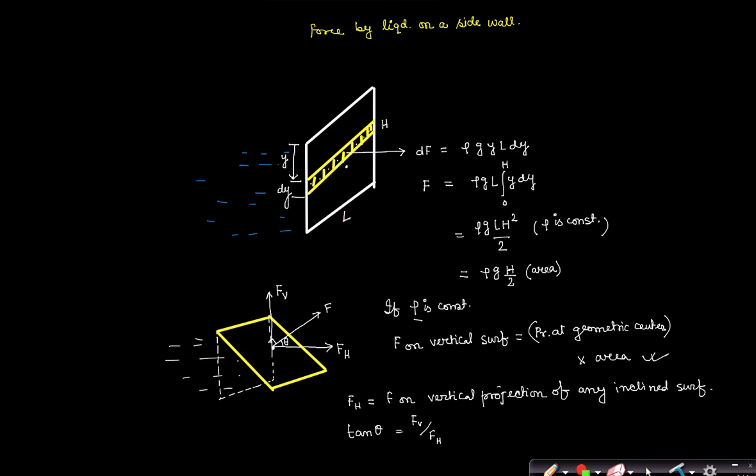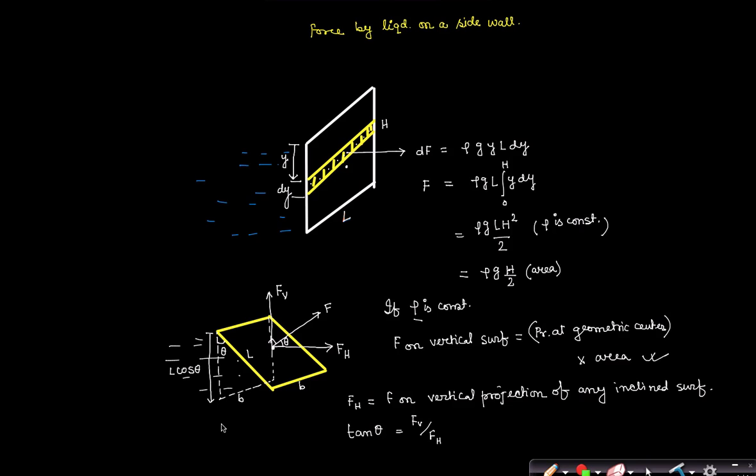Sir, I cannot visualize the figure you have drawn below. It is only a vertical projection. If this length is L and it makes an angle theta with this surface, then what is this height? You will take a rectangle of height L cos theta, and this base length will remain the same.